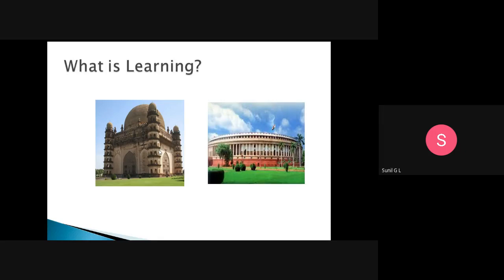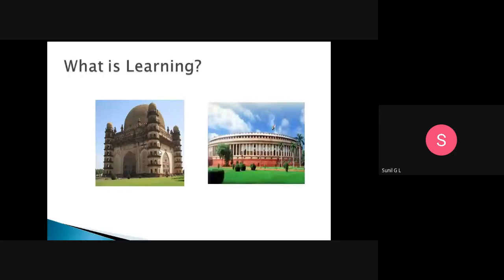How did you learn it? In the past, someone showed that figure and told you this image is Gol Gumbaz. Or you may have visited that place in Bijapur, so in your mind, this image is Gol Gumbaz. So from past experience you learn.